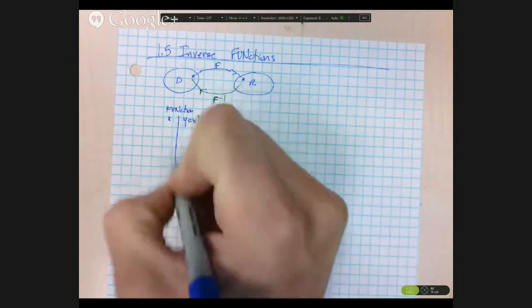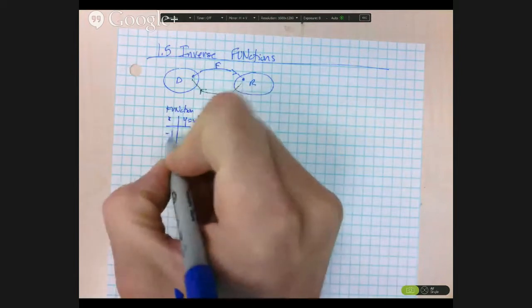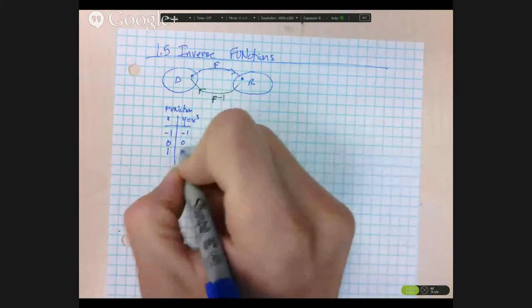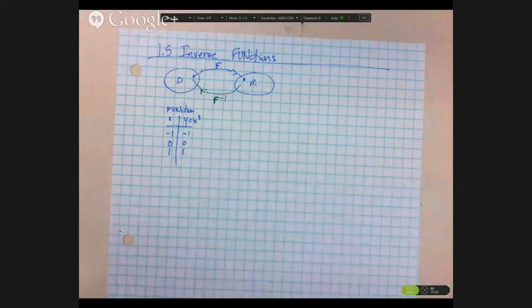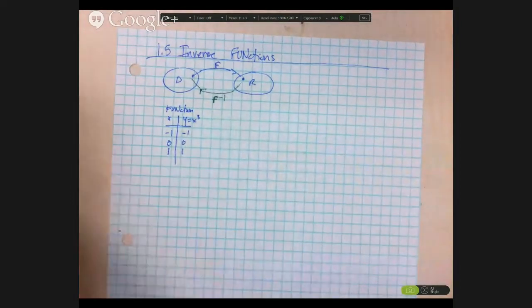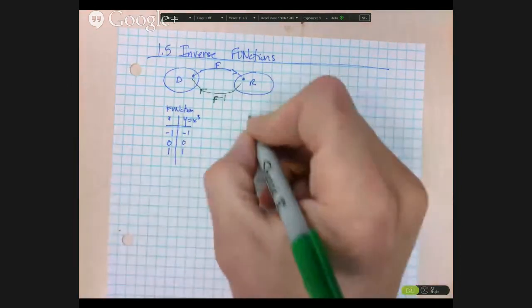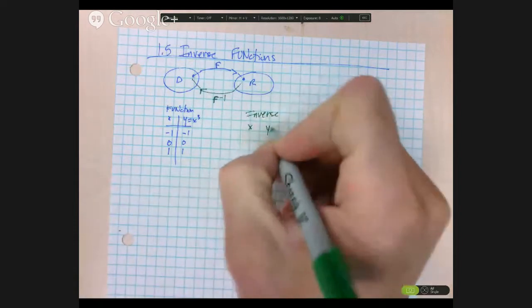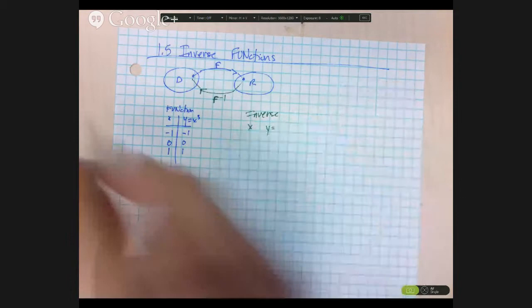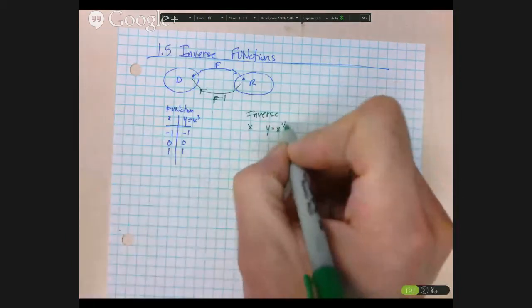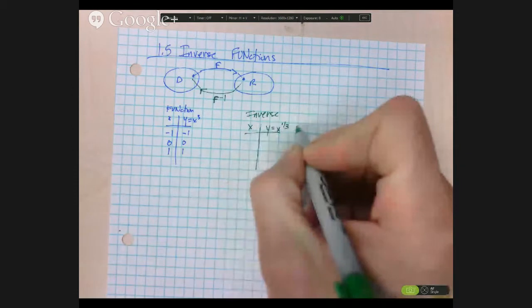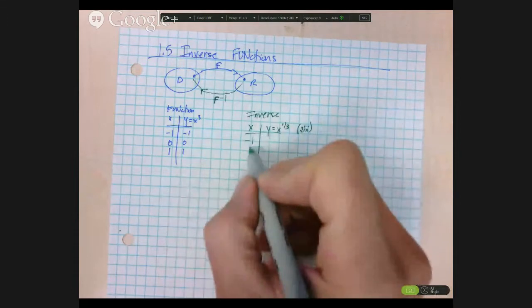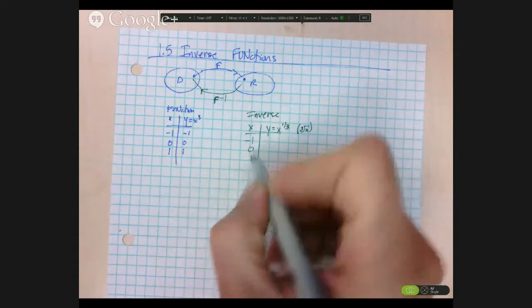Let me show you a table. There's a table of x, y values for x cubed. Here is the inverse. Remember, that is the same as saying the cube root of x, so those are inverses.